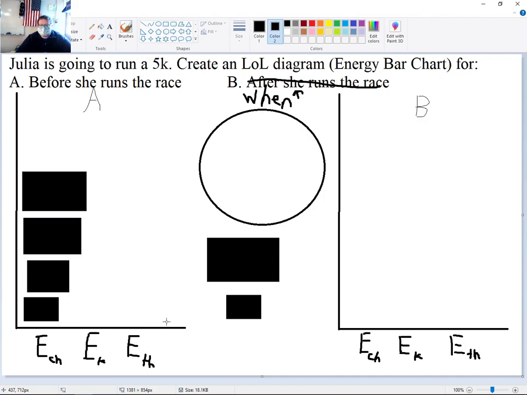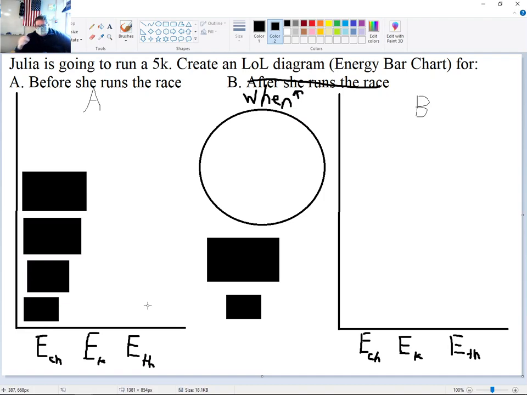Now, this brings me to a very important point that I'm going to make several times because it's kind of a big deal. When we show A and B, what we're really trying to show is the change in the types of energy. That is to say, she certainly has thermal energy before the race begins, right? She has a body temperature, as long as she's healthy, of about 98.6 degrees, so she has some thermal energy.